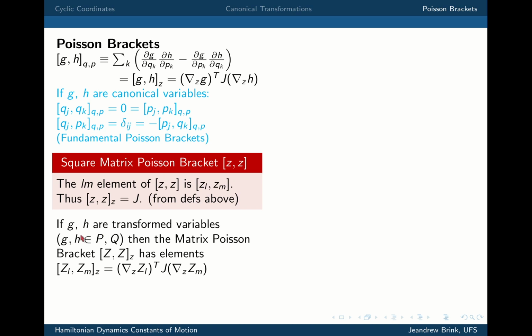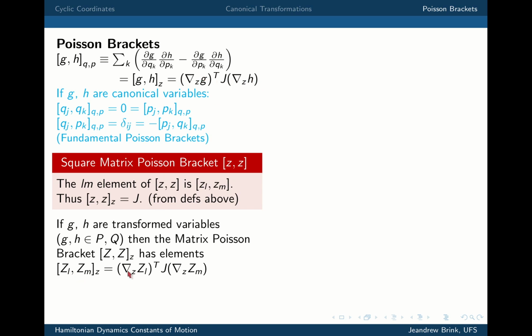Okay, so we want to work out the square matrix Poisson bracket of the new variables with respect to the old ones. And to do that, we're simply going to work out the elements. So we're going to take one new variable, Z_l, and work out its Poisson bracket of Z_l with Z_m with respect to z. To do that, we're going to go back to our rewriting of this Poisson bracket in terms of this vector form.